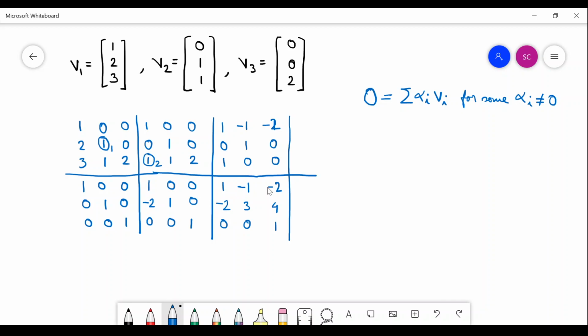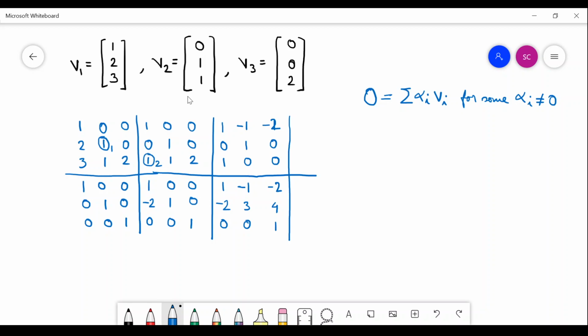Okay. So you can choose other vectors and do this column operation and see what you get, whether you get a set of independent vectors or a set of dependent vectors. So maybe I can easily make this set of vectors dependent. Just let me look at it.